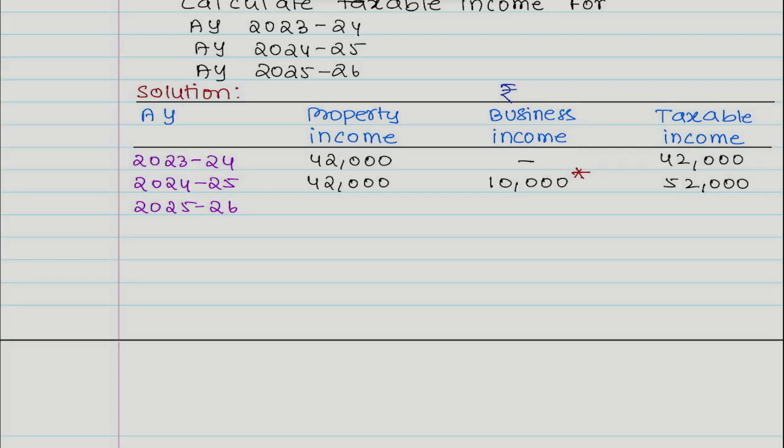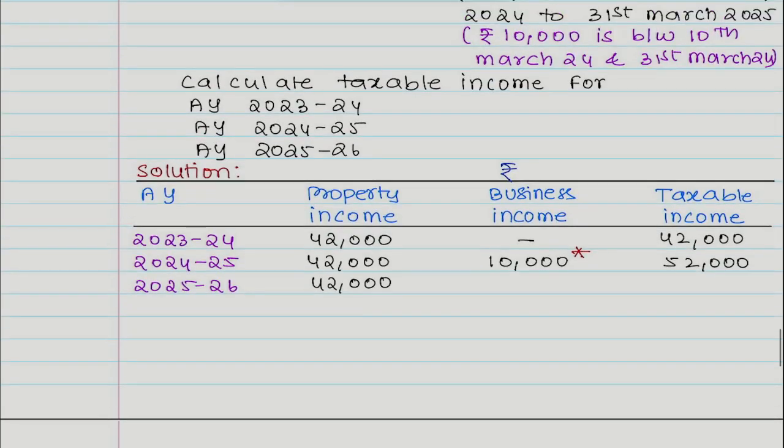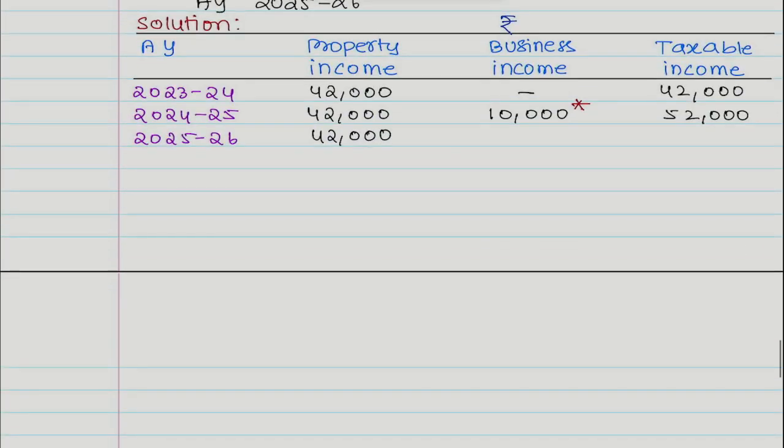Next, 25, 26. Property income, same. 42,000. Next. Business income will be the entire 69,000 minus 10,000. How much will it be? 59,000 plus 42 means 1,01,000.